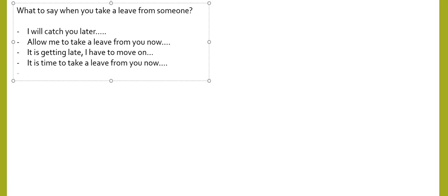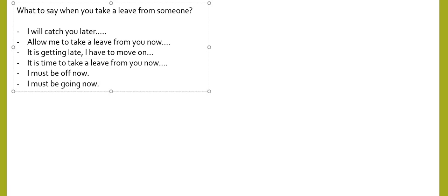If there is an emergency, then please use this sentence. Okay, I must be off now. Use it. Or you can say I must be going now. An emergency, right? Another way, I have got to go now. You can say I've got to go now, or got to go now.